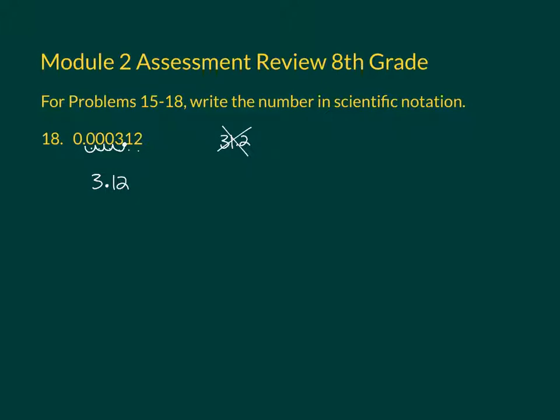And you can't put it one before the 3 because that would be 0.312, which is not between 1 and 10. So we've got our number, and we moved it 4 times. So this is times 10 to the, is it a negative or a positive exponent? Remember, since the number is small, it's going to be a negative exponent. So it's going to be to the negative 4th power. Those two are equivalent, except this one is in scientific notation.